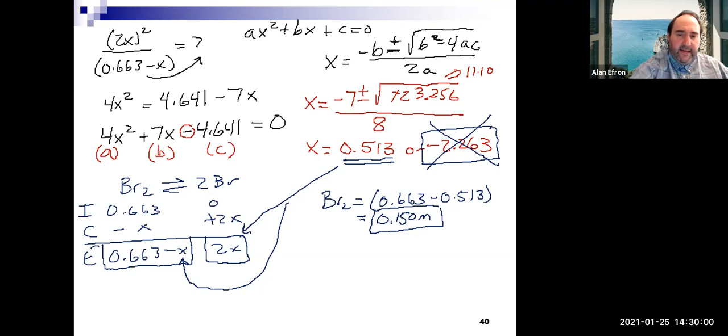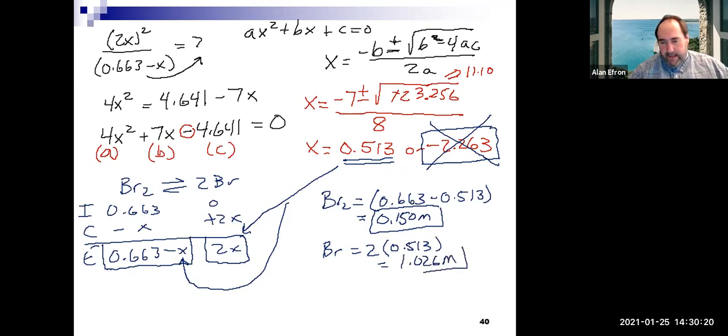And we would put that in for our other one as well, which is Br. Br would equal 2 times X, which would be 0.513. And that's going to be 2 times 0.513, 1.026 as our second concentration here.